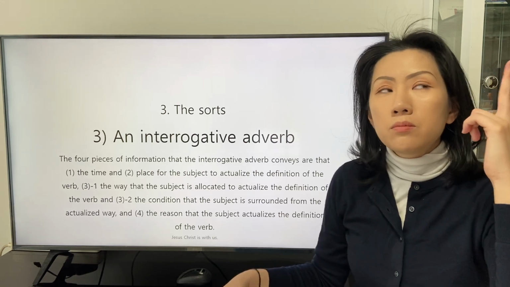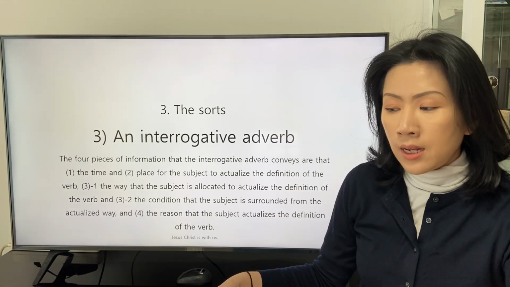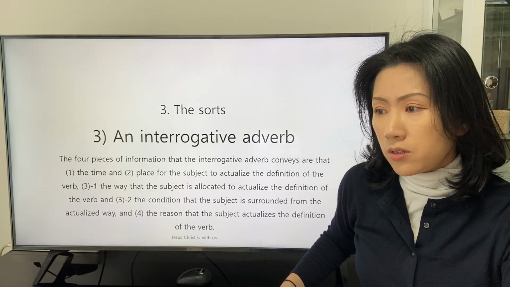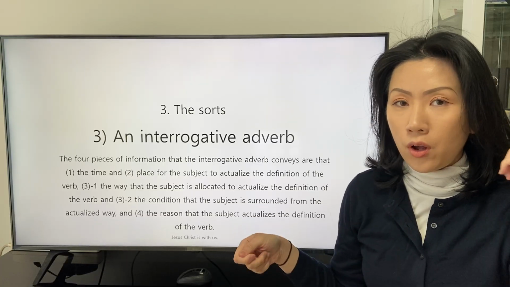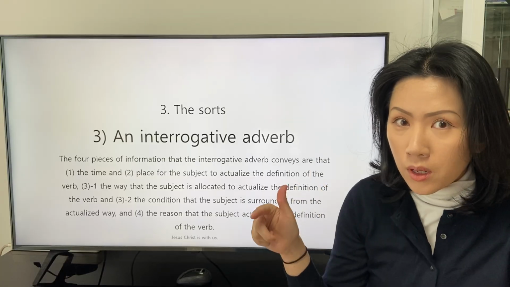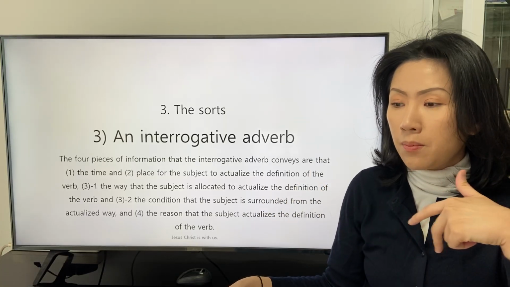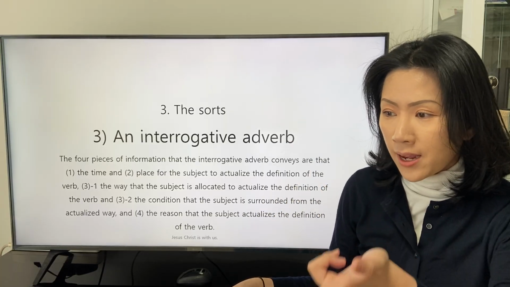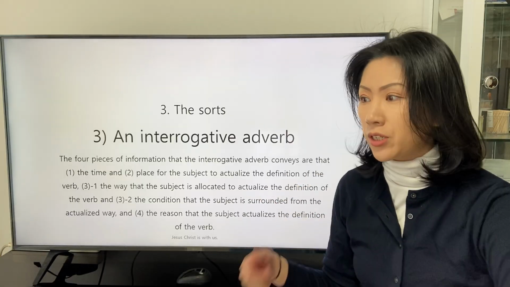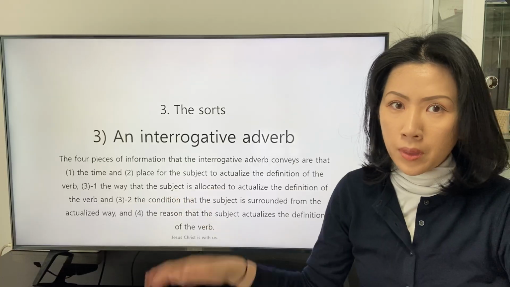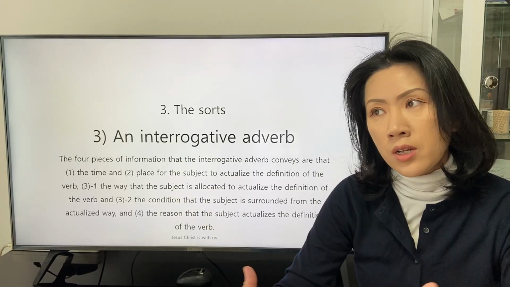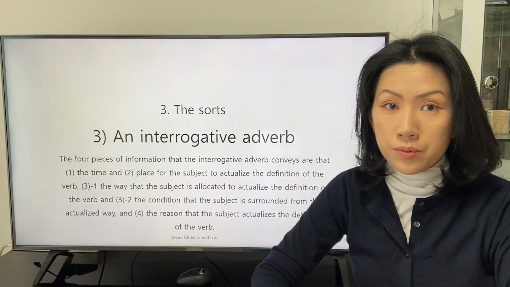For example, in an interrogative clause with the interrogative adverb how, we can ask about the way that the subject chooses to actualize the definition of the transitive verb or verb. For example, there's an example like, how do you go to school?